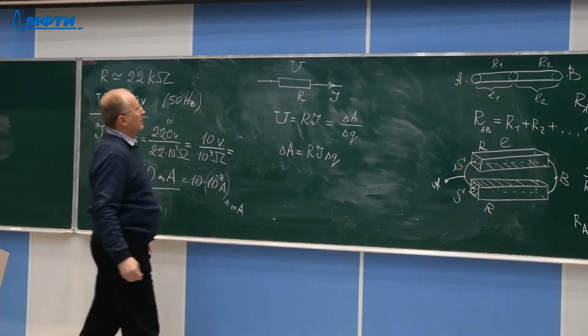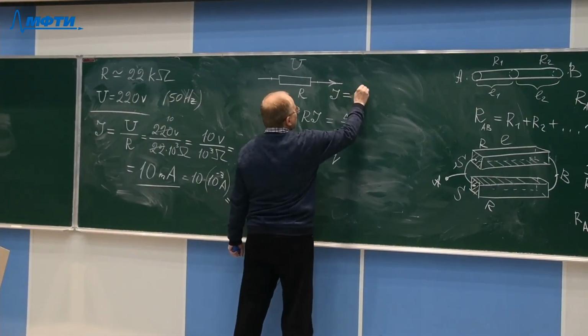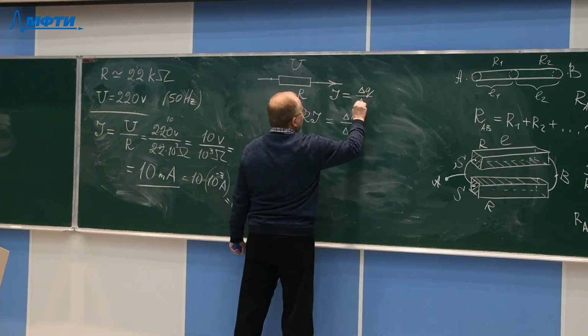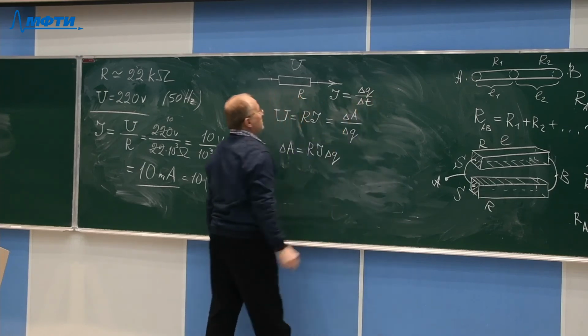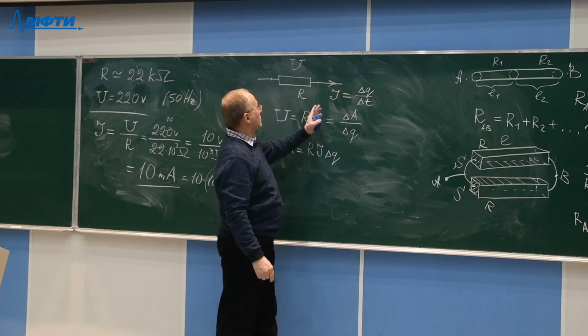And also we may recall that the current, by definition, is the charge which flows here per some time period during which the charge delta Q has flown through the cross-section of this wire.